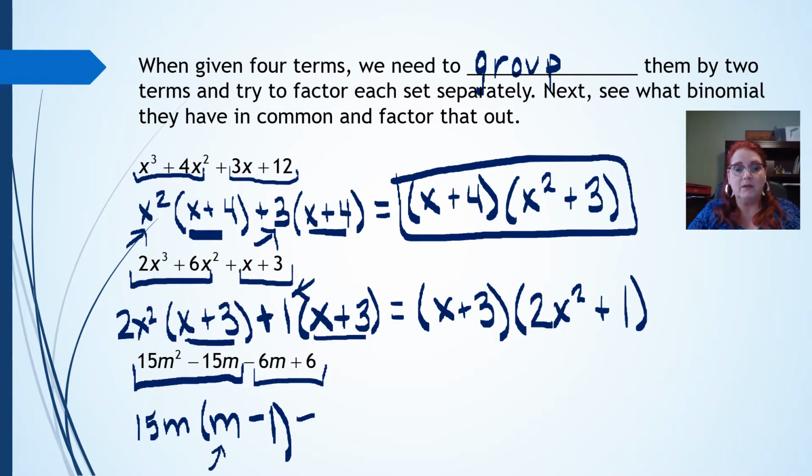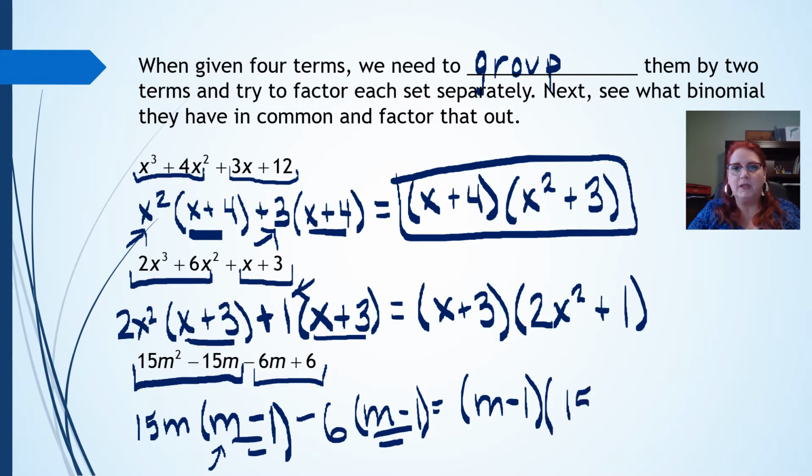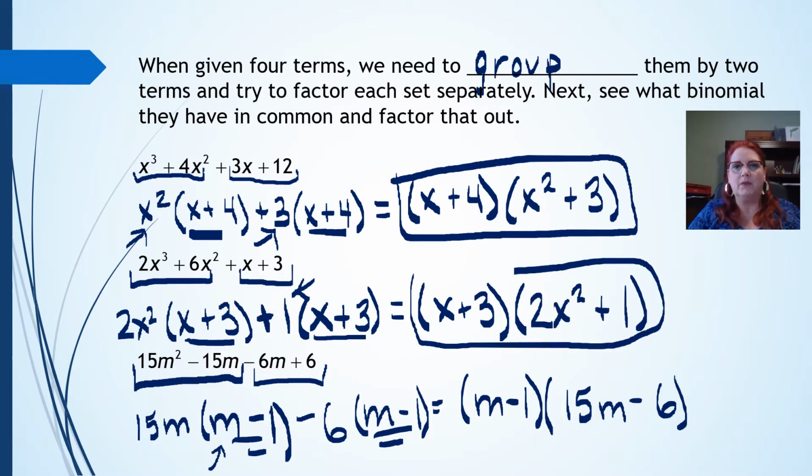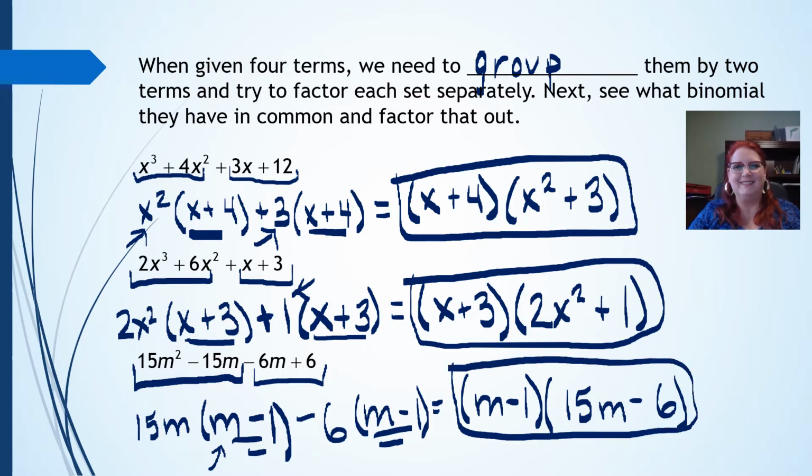So I'm going to factor out a negative 6, and that gives me m minus 1. So now my binomials match. So I factor out the binomial, m minus 1, and it's multiplied by 15m minus 6. I could have done that and done that.